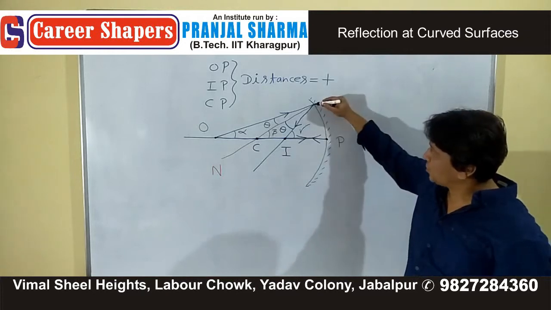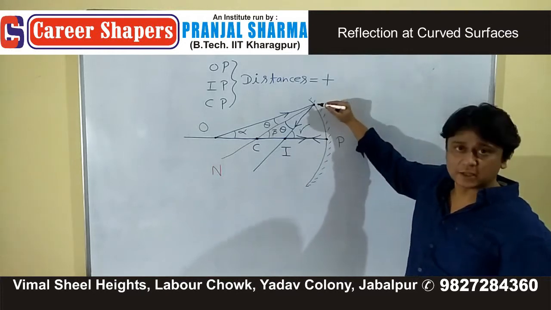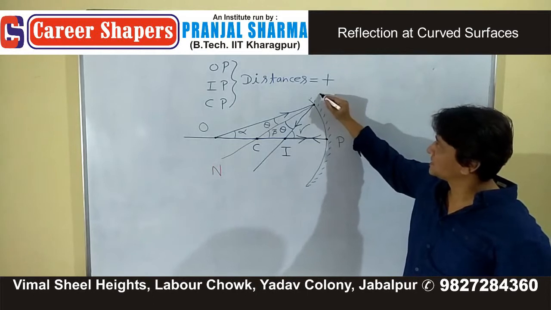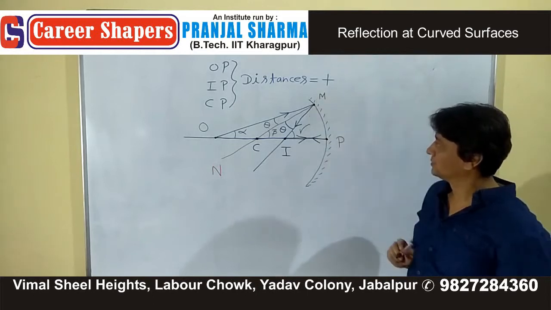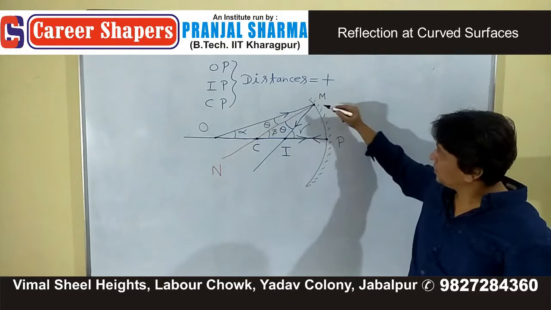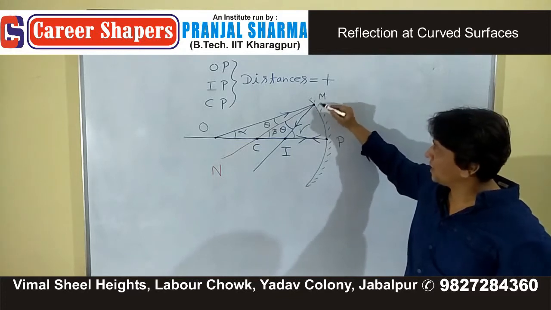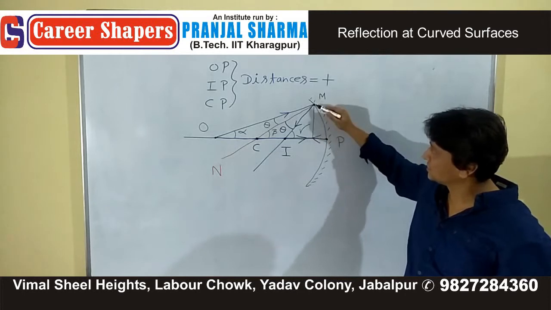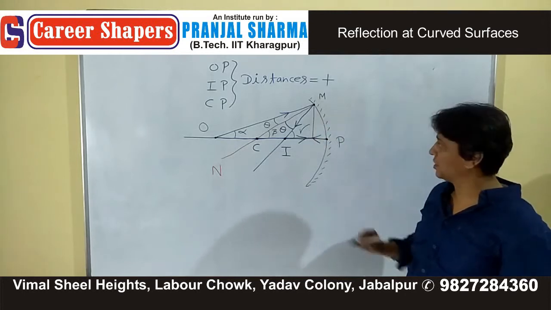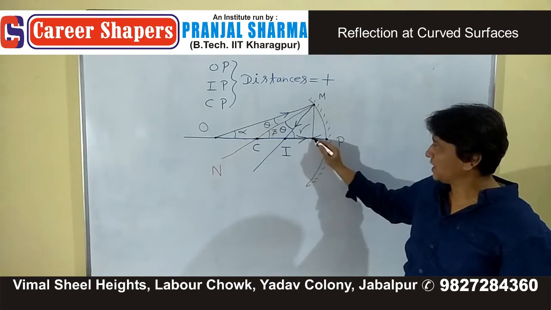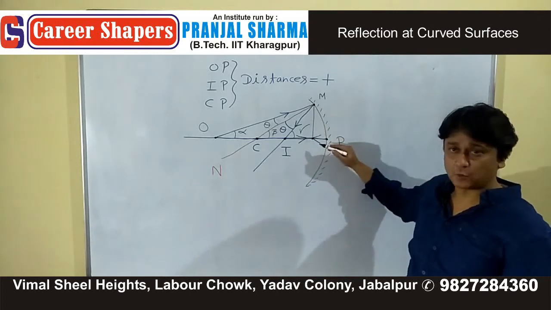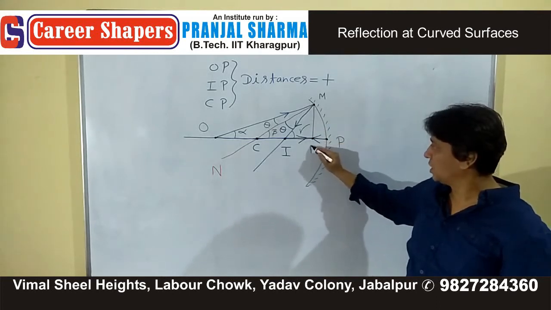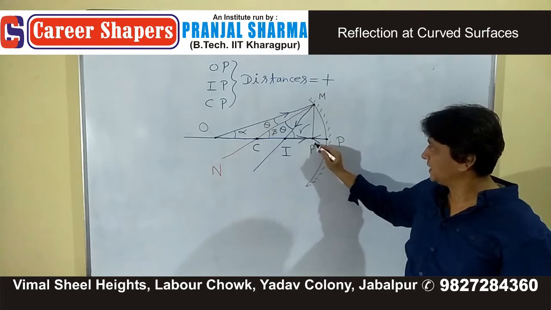And let's say this point right here is M. If I drop a perpendicular from M onto the principal axis, the point where this perpendicular meets, let's call it P dash.